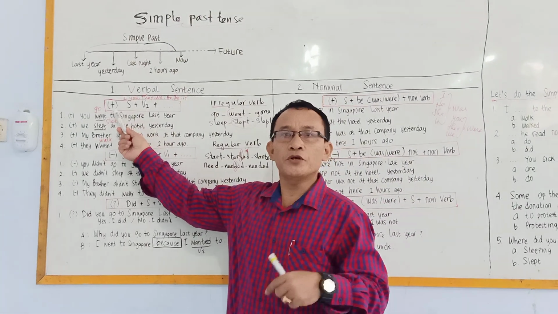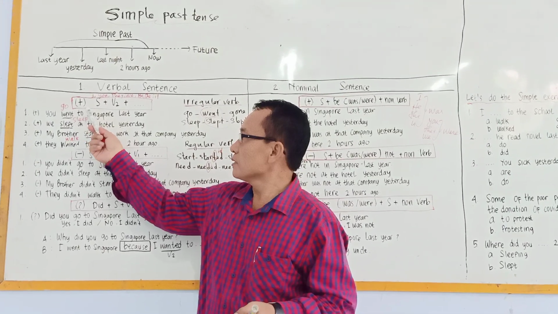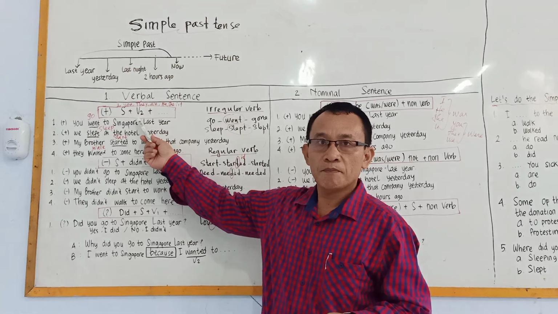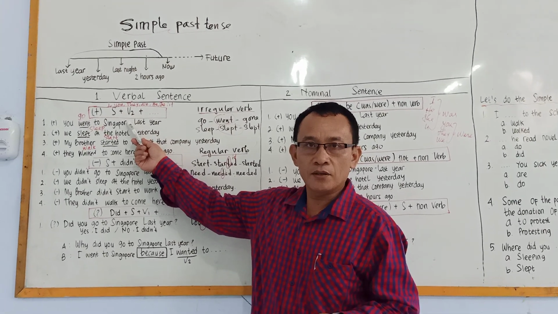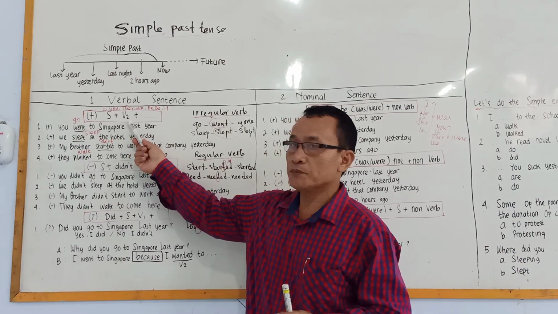Positive sentence, the formula for positive sentence is subject plus past tense or verb 2. Subject plus verb 2.